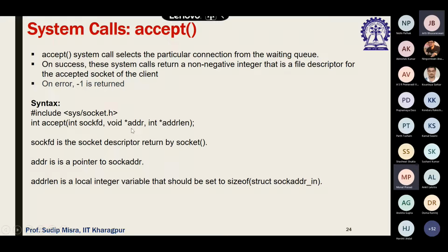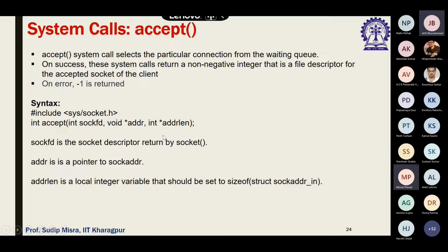This address is basically the pointer to sock address. Okay, so this one I will just check a little bit. So this is the pointer to the sock address, and address length is the local integer variable that should be set to the size of this, exactly the same thing, right? So this part I will just check a little later.